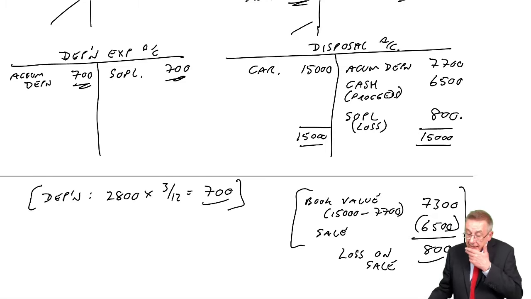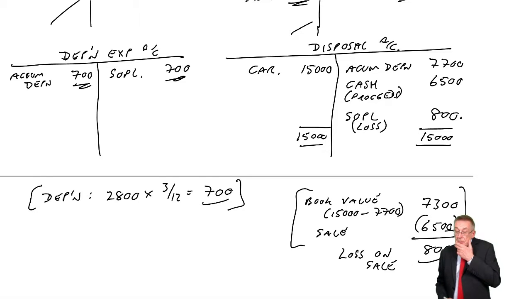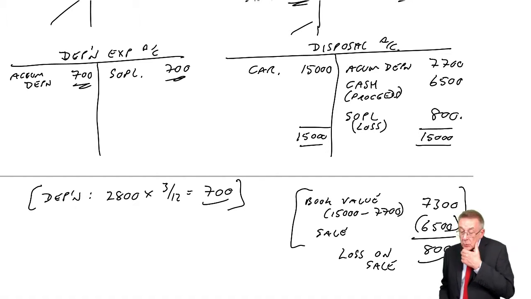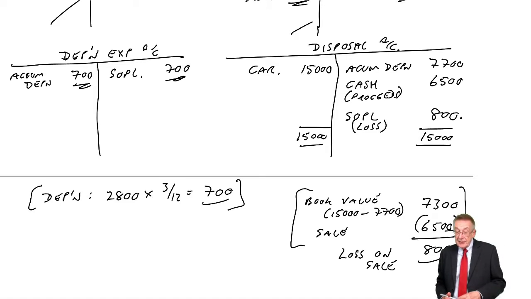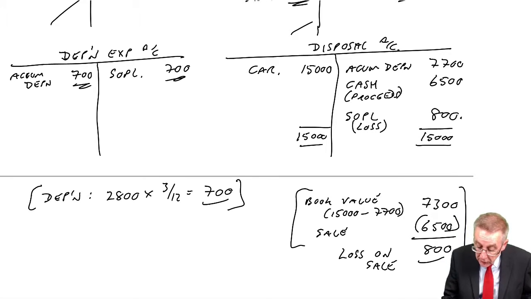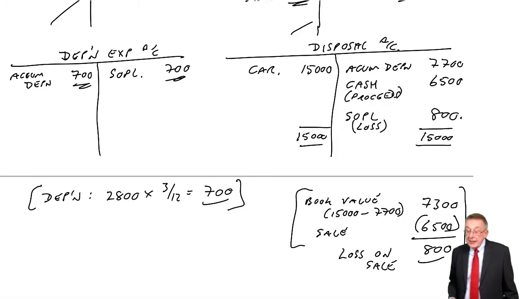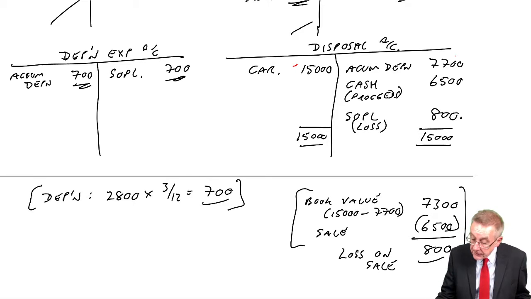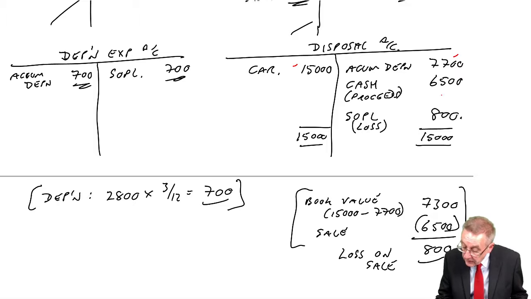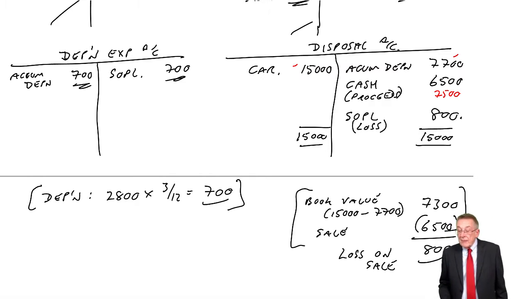What else? Well, whatever happened, whether it was sold, insured, whatever, just suppose we'd received more cash. Suppose we'd received 7,500. Now, don't change yours, and I don't want to get messy. But if we'd received 7,500, well, you still remove the cost, you remove the accumulated depreciation, but the proceeds would be 7,500.